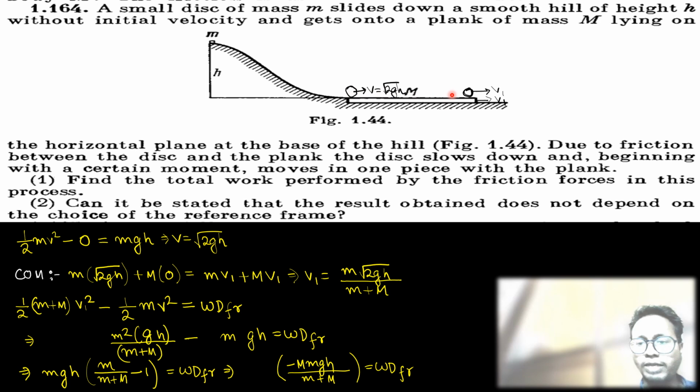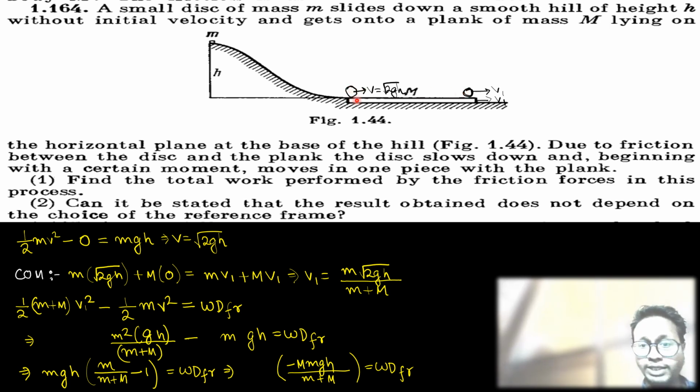So positive work done by friction force on this slab would be negative work done by friction force on this slab. Actually, no. Okay, what happens out here is, see, if the slab was fixed to the plane, that means the slab was not moving, then you could do that process.